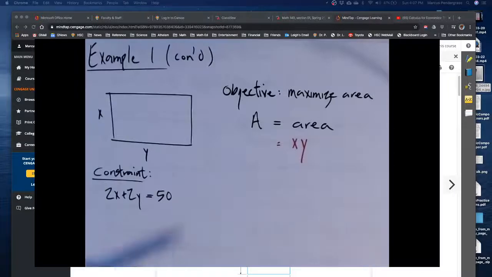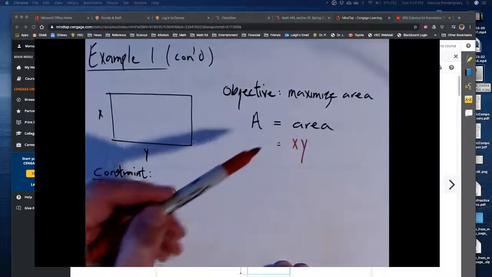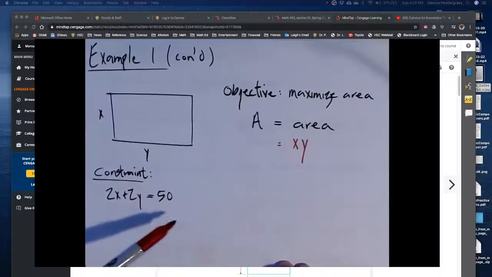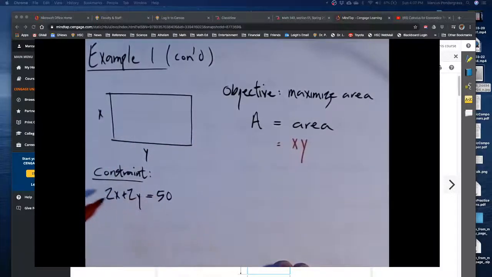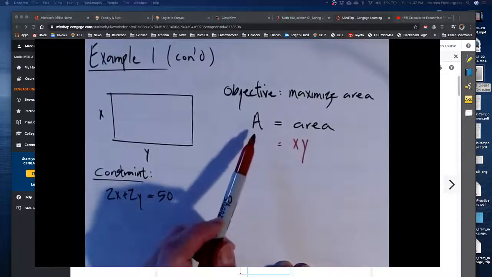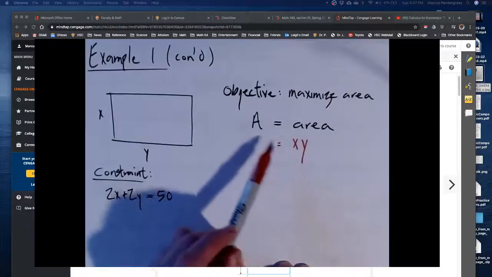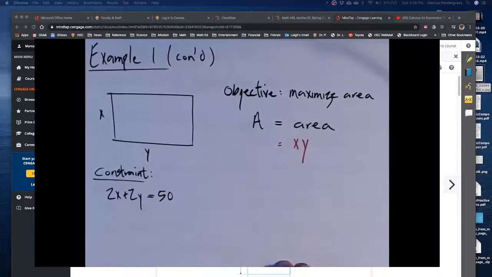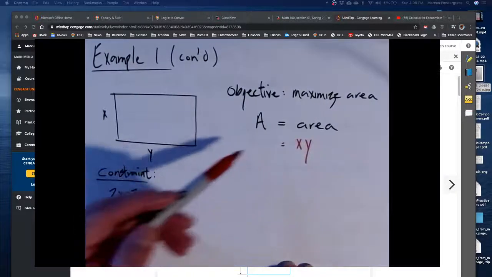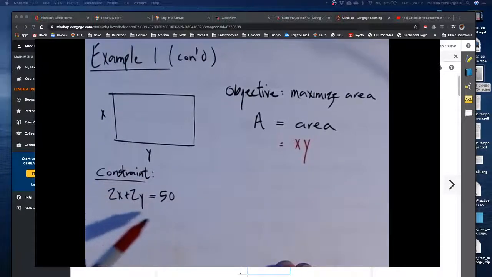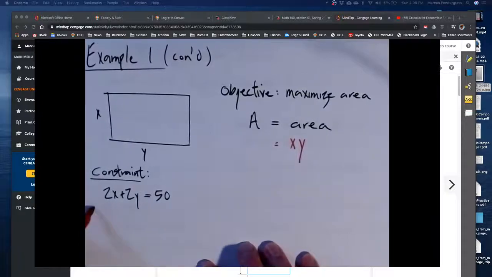Well, the answer lies in putting together the constraint and the objective function. The constraint, you'll notice, is an actual equation involving x and y. Now, what I'd really like is for my objective function, the area, to be a function of x alone. Well, what if I use the constraint to solve for y in terms of x?